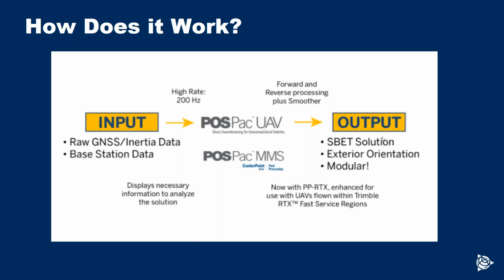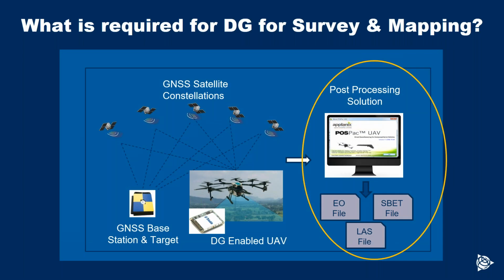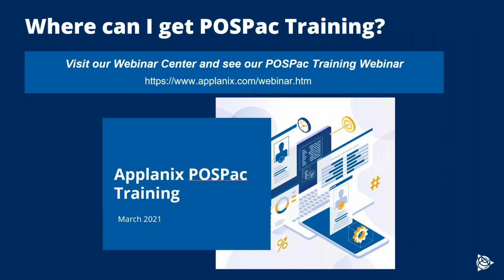That could be something like UAS Master, as I've mentioned, or any number of third-party products, because we provide that kind of open standard handshake methodology to take that data into those solutions and be able to process it.